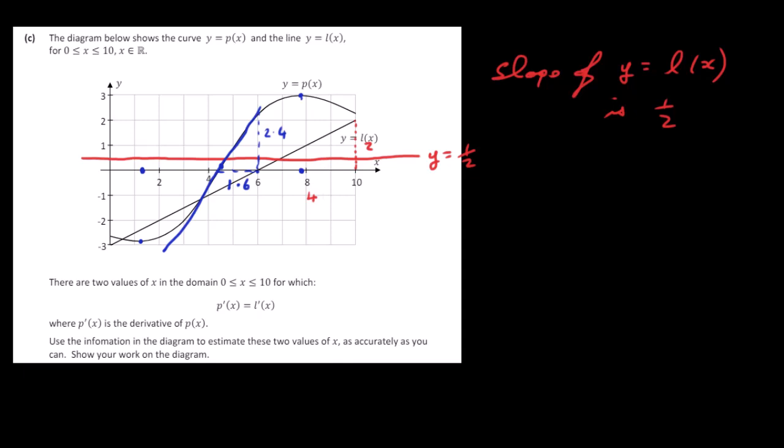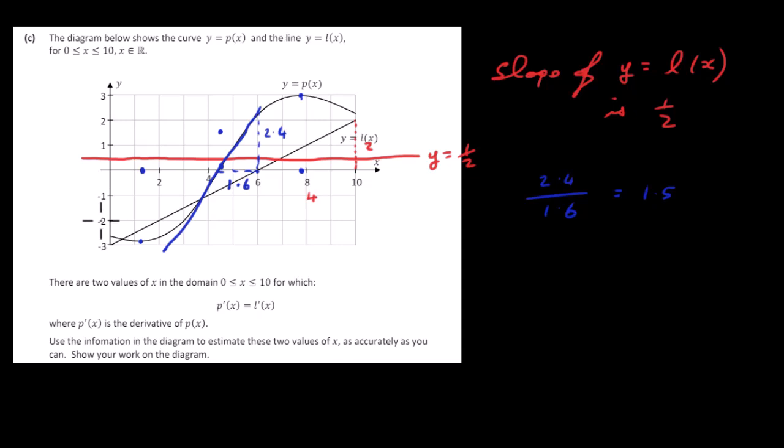So the slope there would be 2.4 over 1.6. That would be 1.5, a slope of 1.5. Now that's fairly approximate, but if we were to plot that at the point of inflection, we would be looking at a point somewhere here.